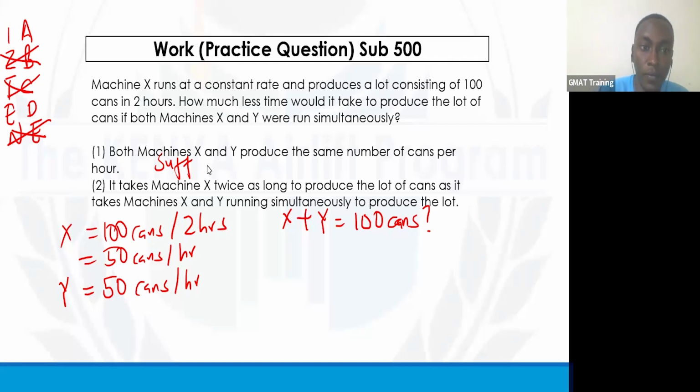That means if X takes twice as long, then the time at which machines X and Y running simultaneously produce the same lot is half, and therefore we don't have to do any calculation. We already know this is sufficient. A is out. Our answer should be D.